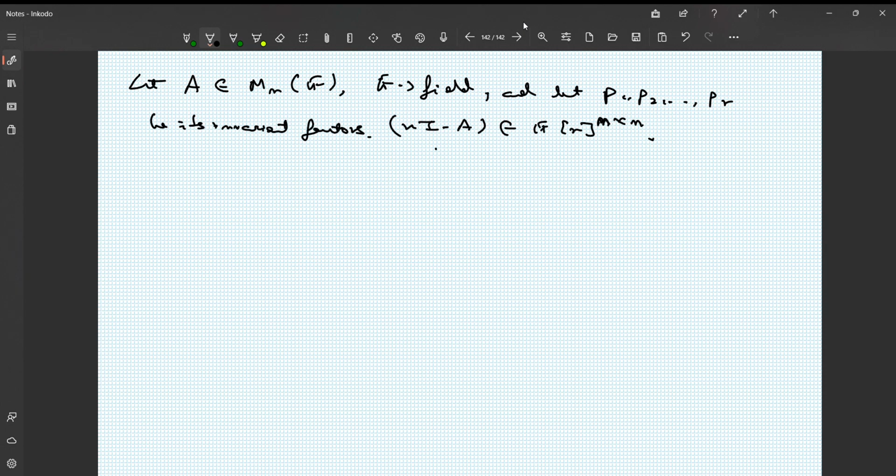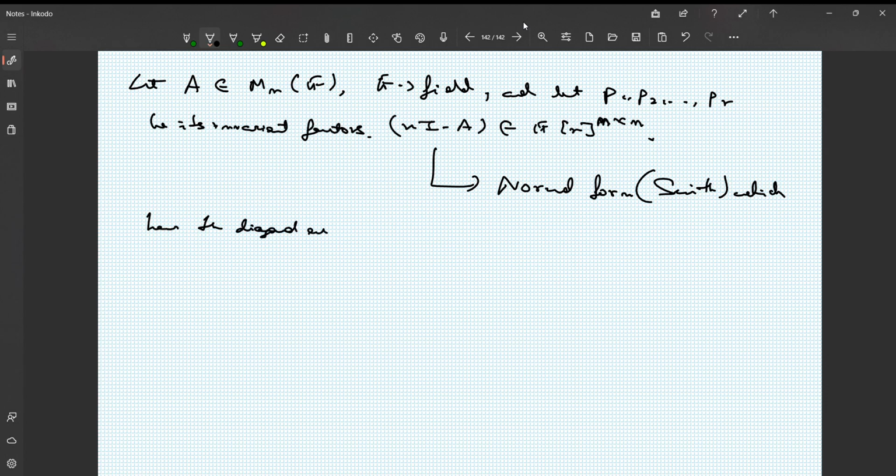Just the thing is that xI minus A, this matrix, comes out from the polynomial algebra, right? So it's from F[x] n cross n, right? And this has a normal form, right?